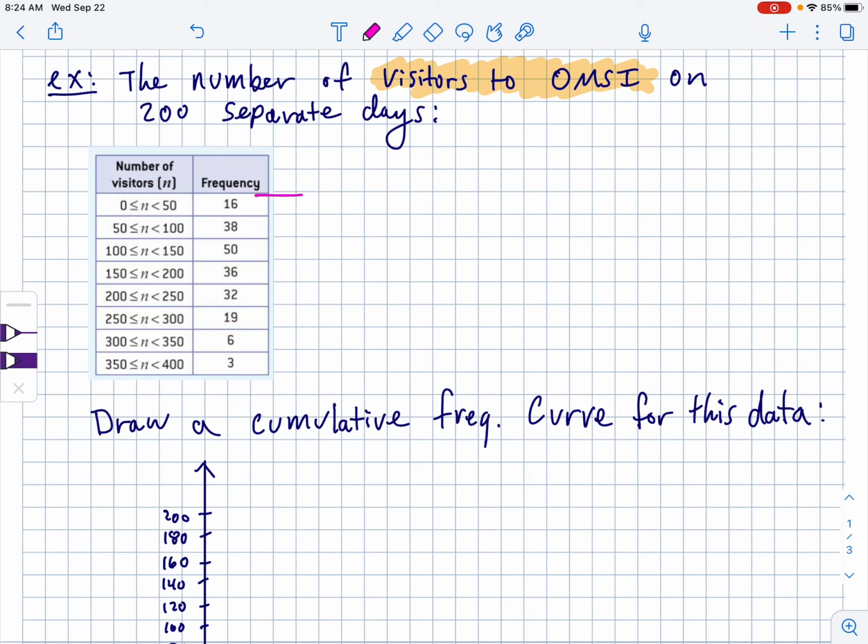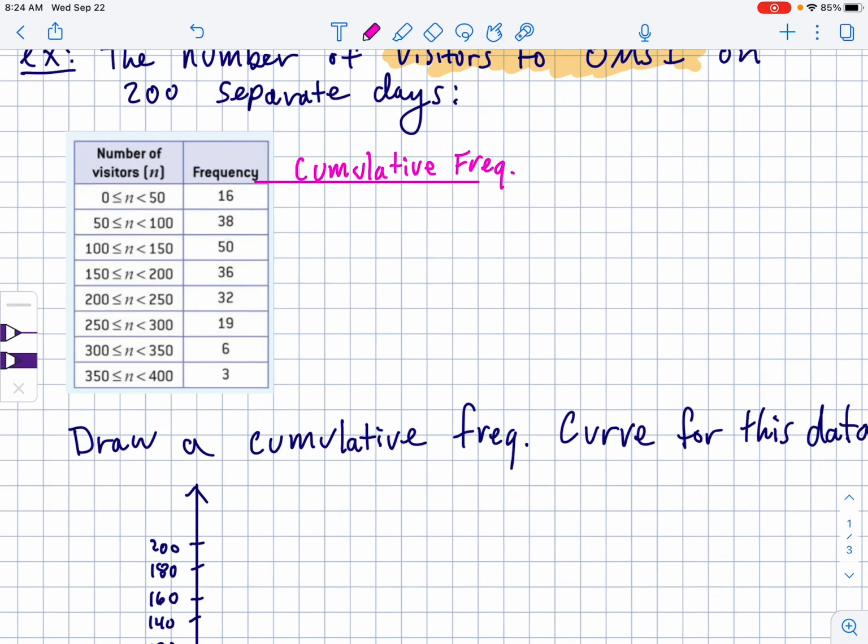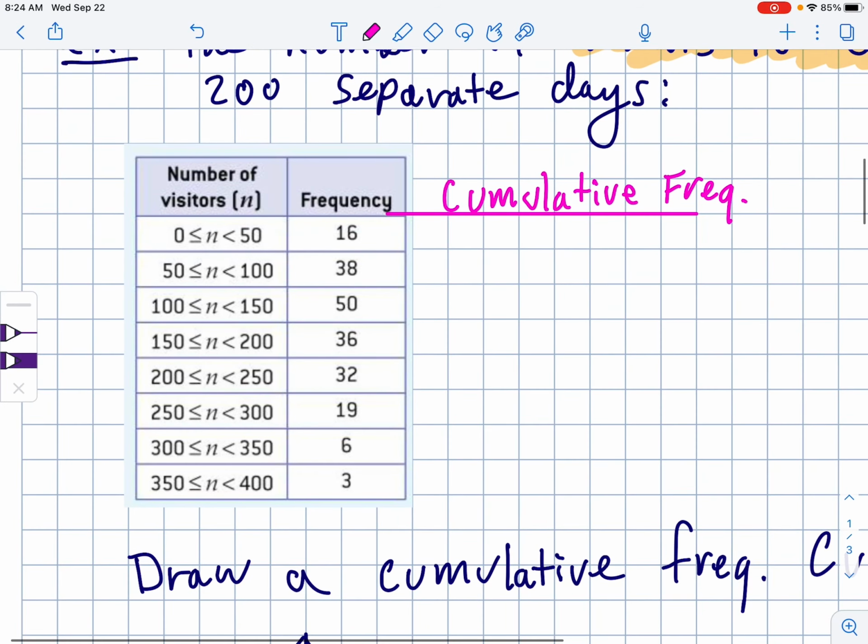The first thing we need is we are going to add on, so I'll just continue this table a little bit, something called a cumulative frequency column. Now, cumulative just means all the frequencies added up until that point.